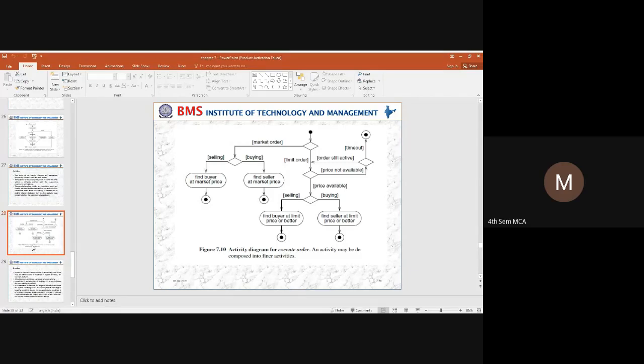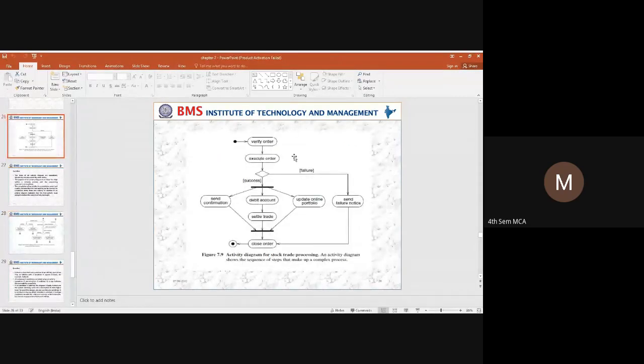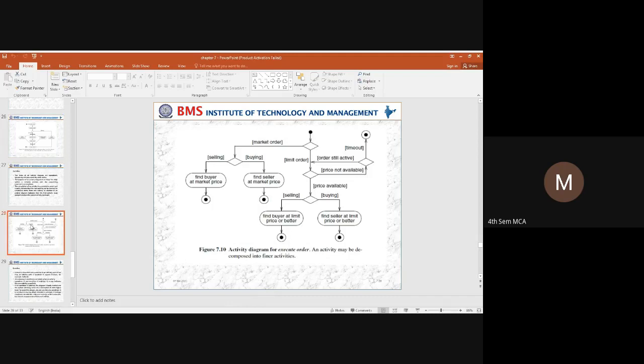Here is an activity for execute order. In the previous example, we have seen in this diagram execute order. Execute order is one particular functionality, and within this operation we have various tedious tasks that can be expanded. That is shown in this diagram. For executing the order, first it will start from an initial state. It will verify the market order.